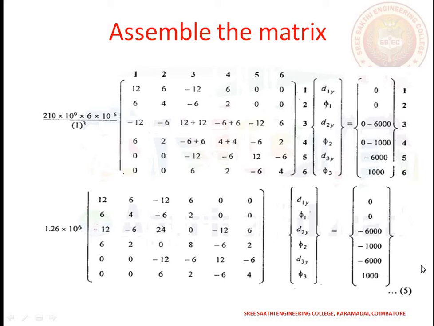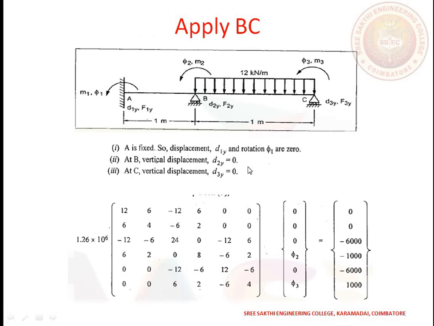Okay, next you are going to apply the boundary condition. Before applying the boundary condition, refer to the given problem. Here A is fixed, so there is no displacement and rotation is 0.